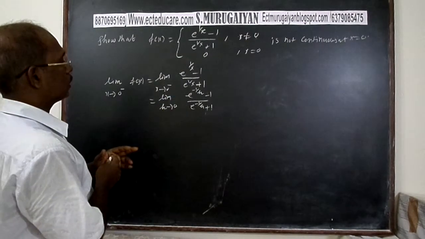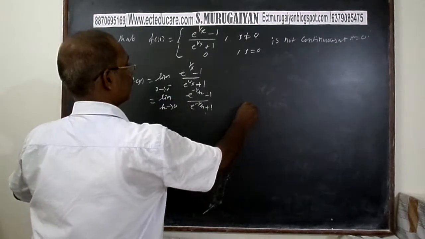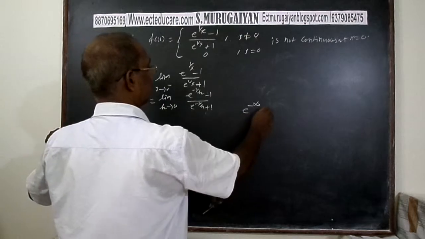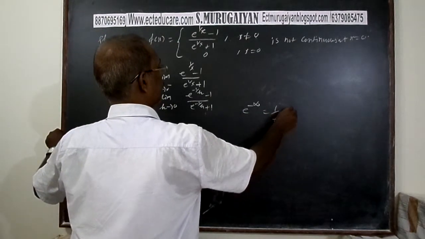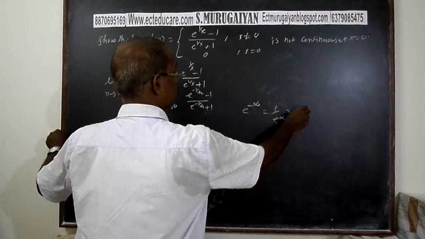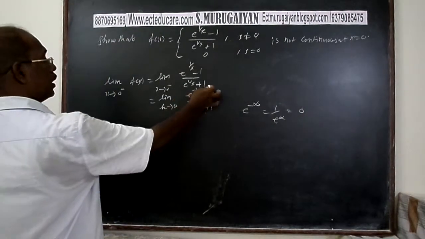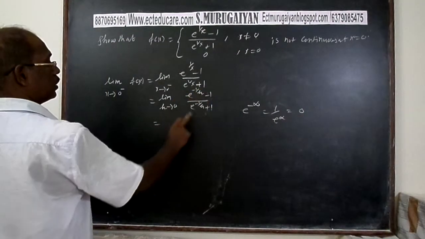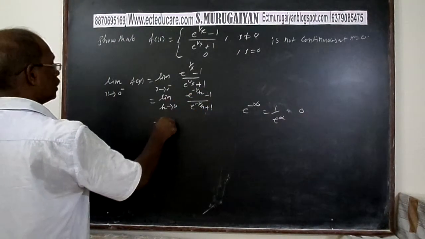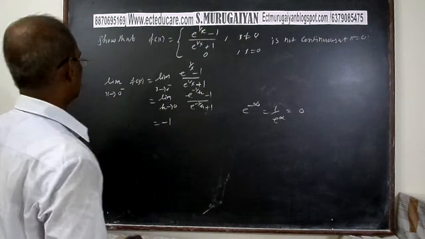E power minus infinity is nothing but 1 by e power infinity, which is 0. So 0 minus 1 by 0 plus 1, which is minus 1. So the left hand limit is minus 1.